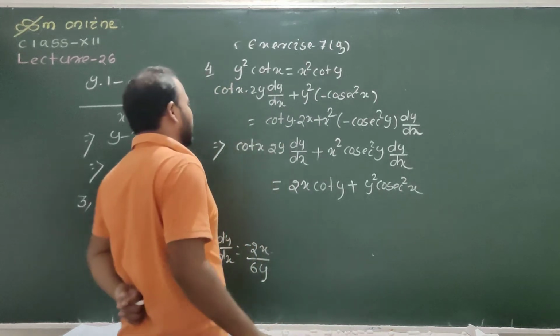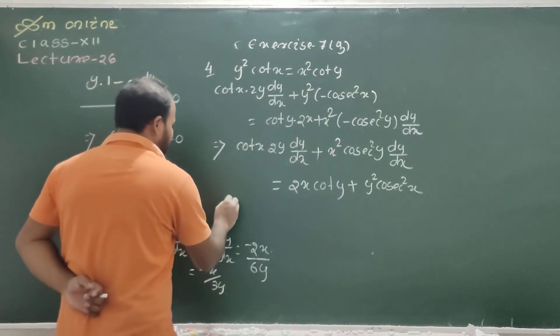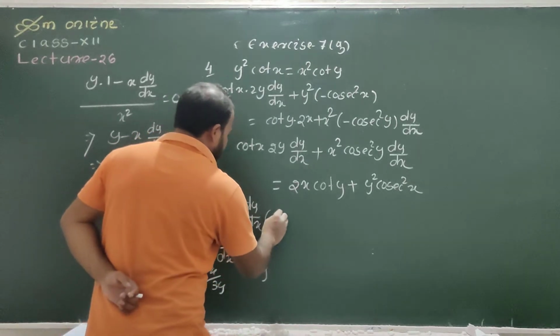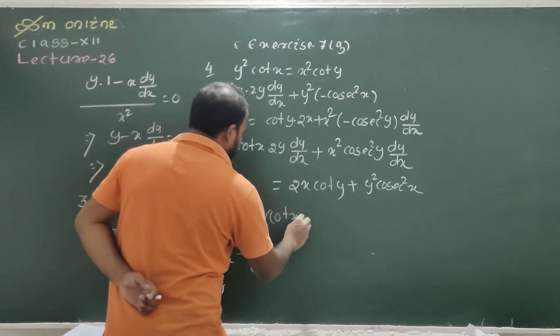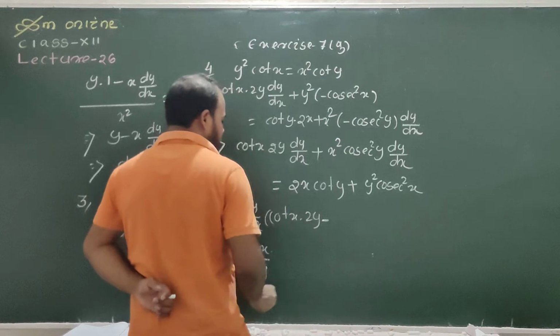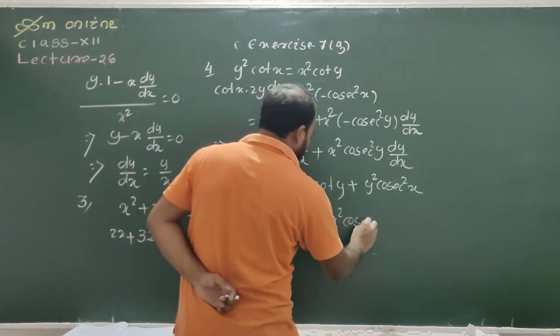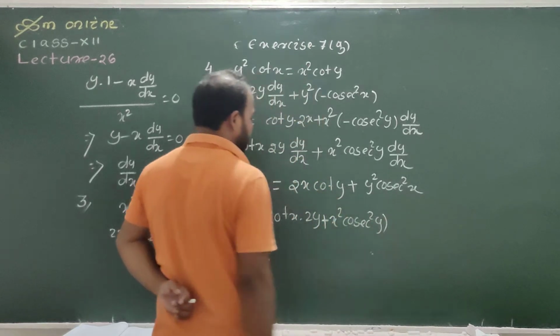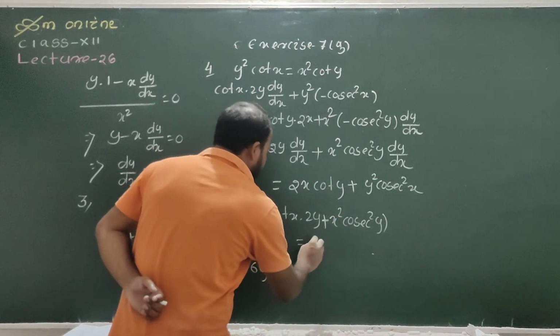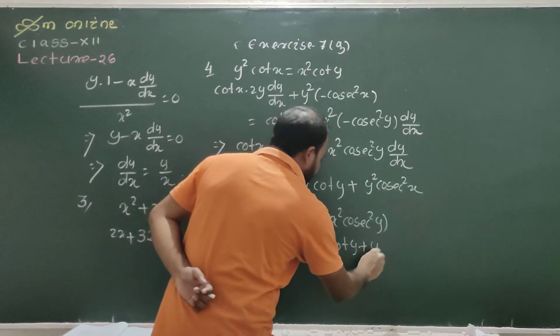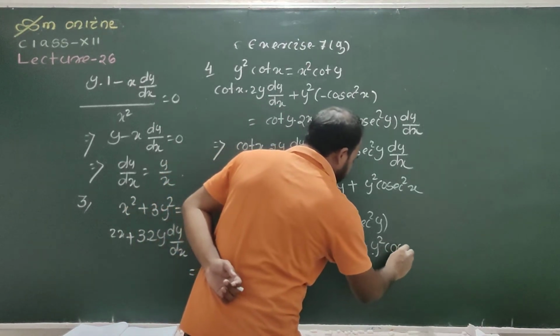Now taking dy by dx common, this is cot x into 2y plus x square into cosec square y, and it is equal to 2x cot y plus y square cosec square x.